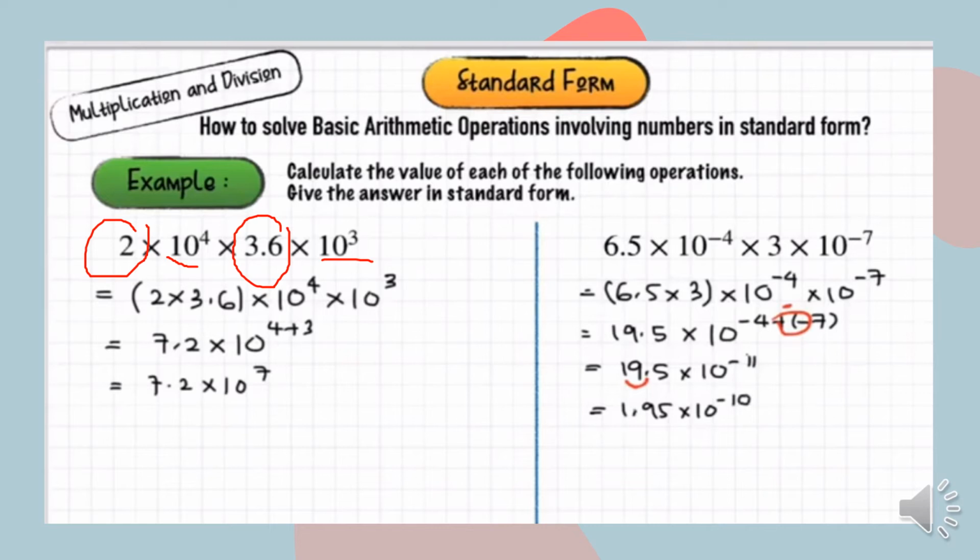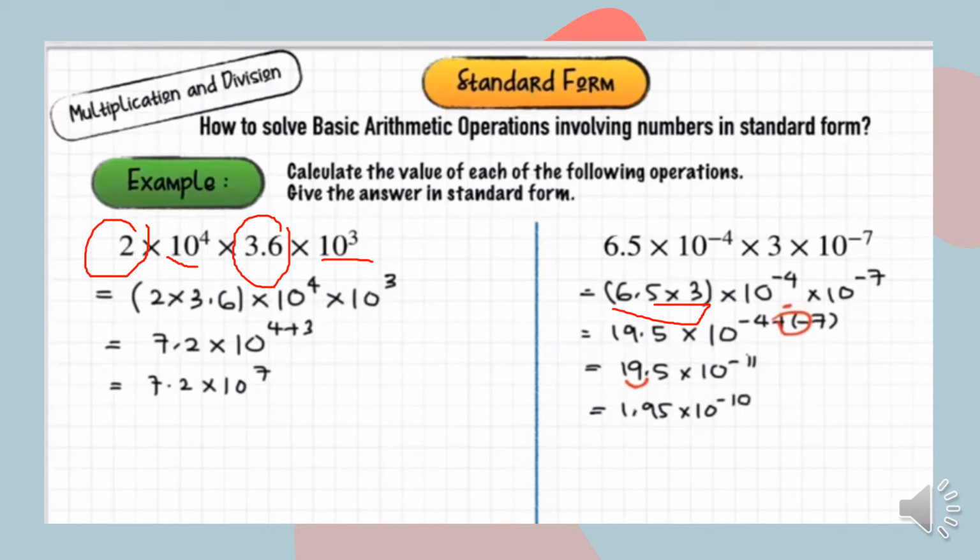The next one is that we are dealing with the negative power. So negative 4 and negative 7, and the operation is multiplication, so it's the same. You just do the multiplication of the numbers first, and then about the power, you have to take note, because you are dealing with addition with a negative number.